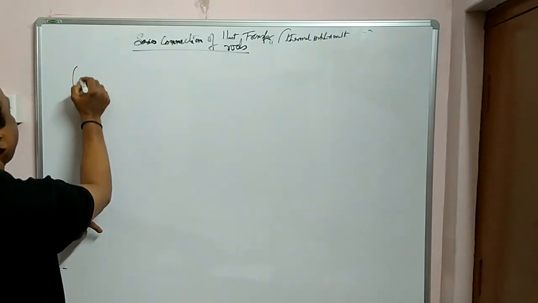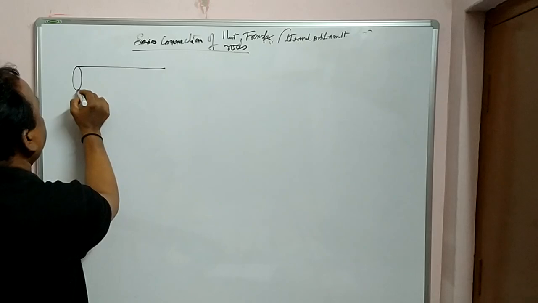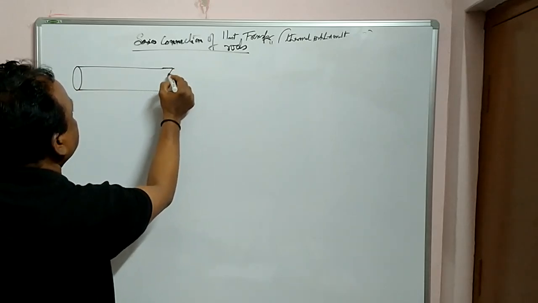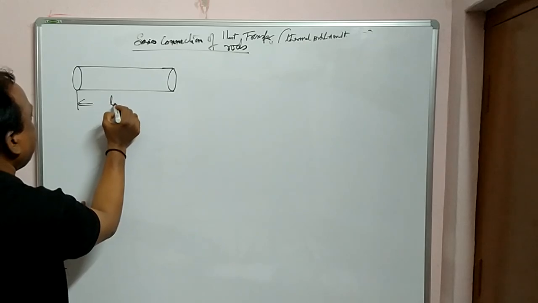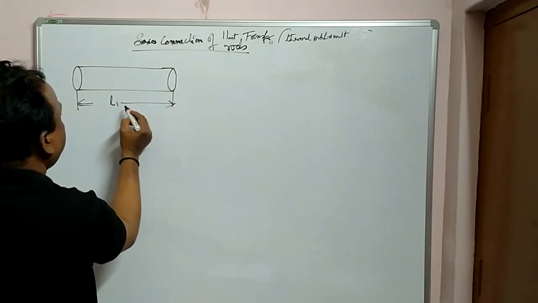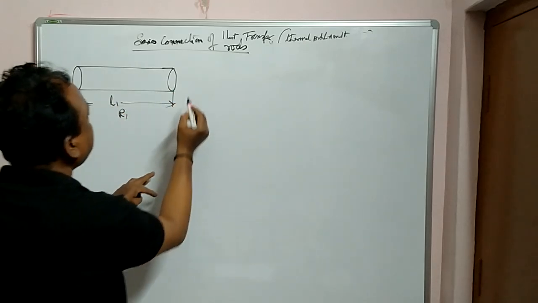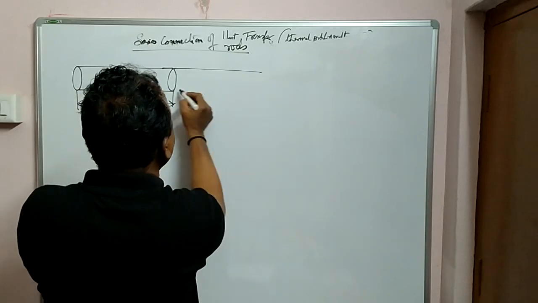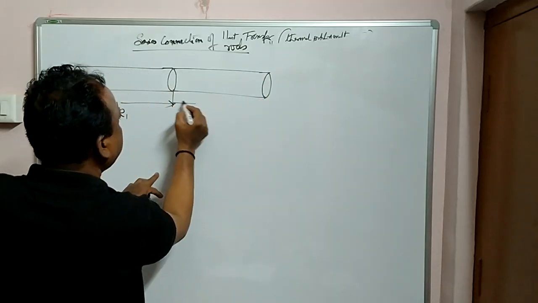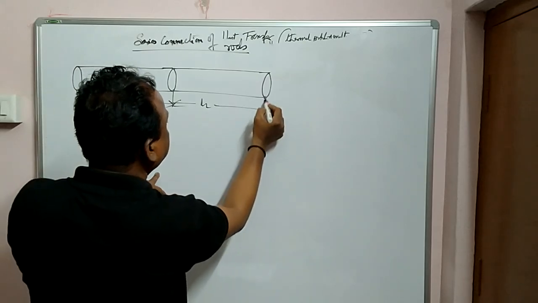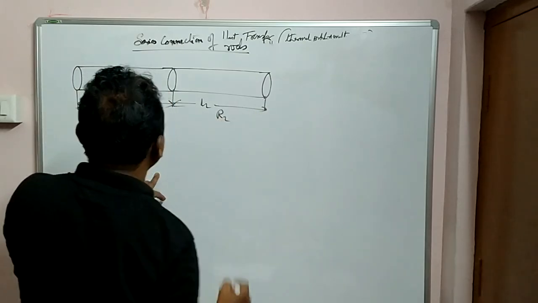For example, see, this is a rod, one rod. Let this length be L1 and let the resistance be R1. Let another rod be of length, say, L2. Let this length be L2. Let the resistance be R2.